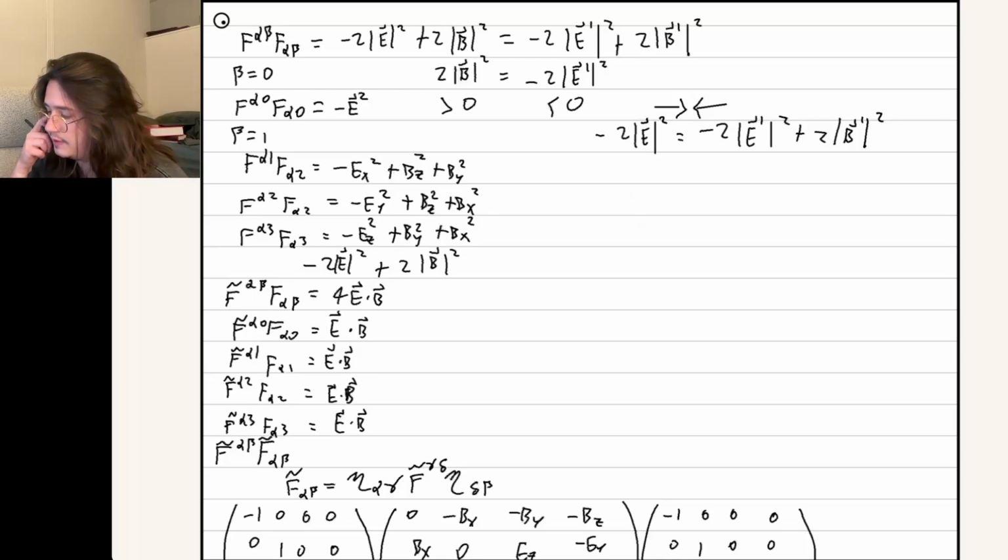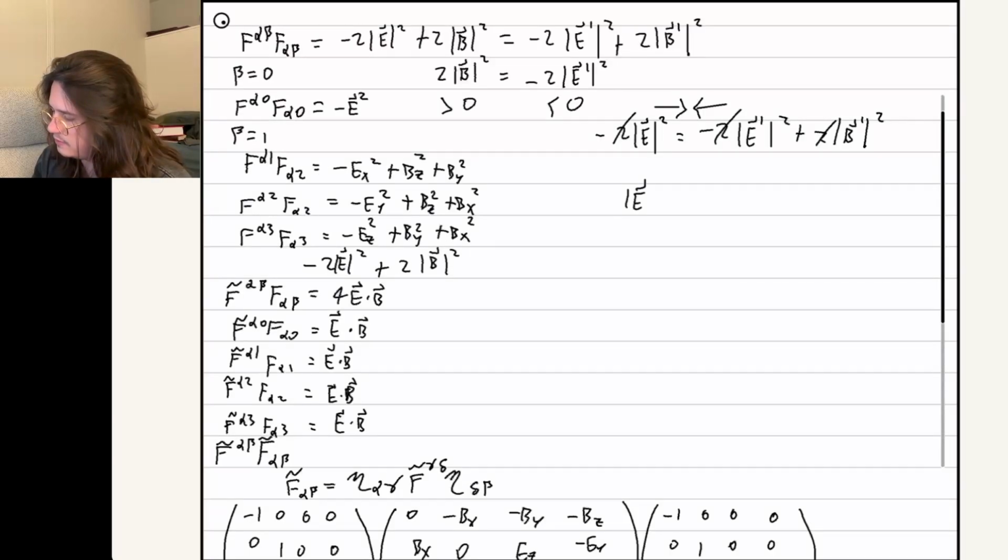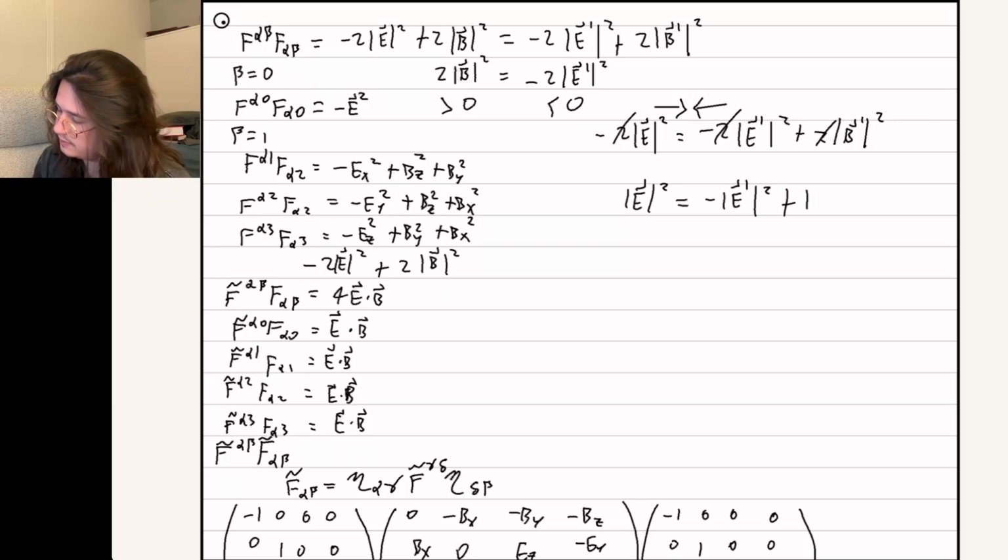So that sets a condition on what the strengths actually are of the fields in either frame. And I'll just write it as that the magnitude of the field in one frame better be equal to minus the electric field in the other frame plus the magnitude of the magnetic field in the other frame, both all squared.